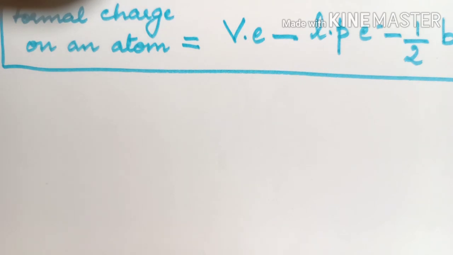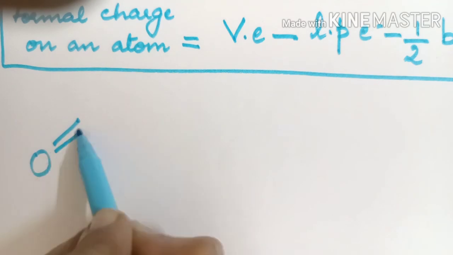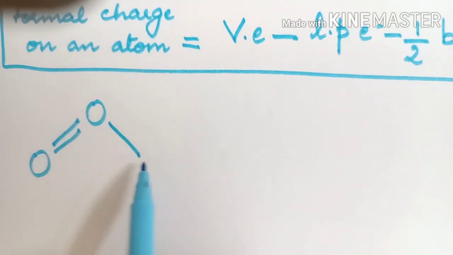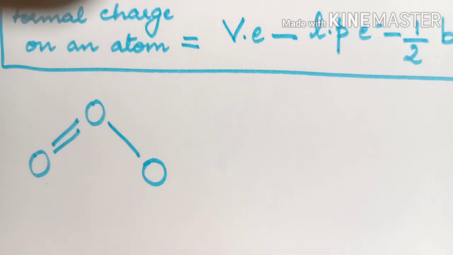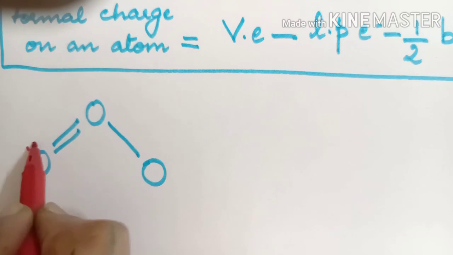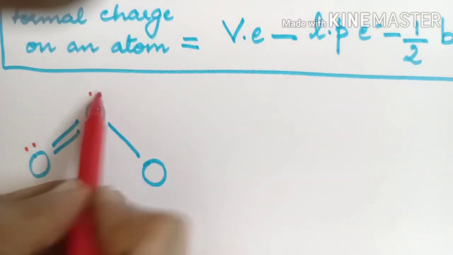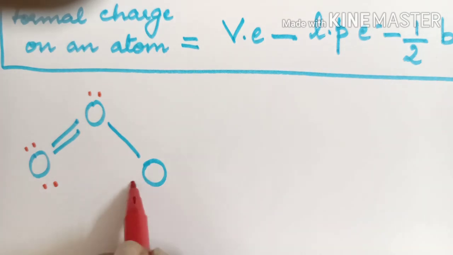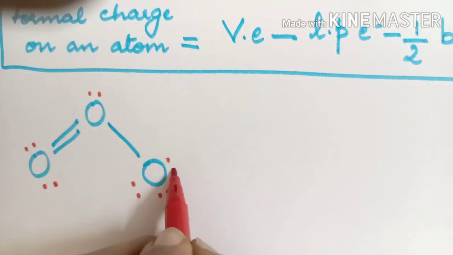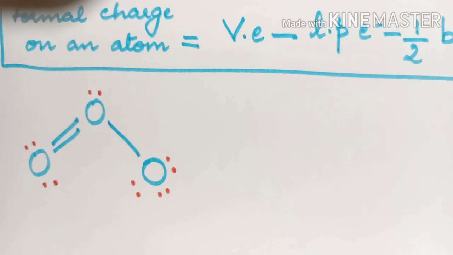Take the example of ozone: O double bond O single bond O. Mark the number of electrons present on each atom. In this case we have only one pair, and on the next oxygen we have 3 pairs of electrons, but we are not sure what the charge on each atom is.